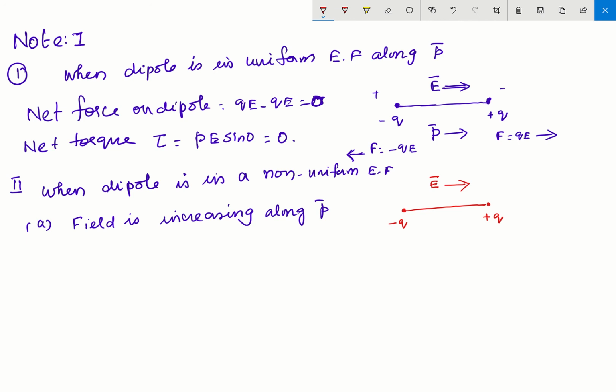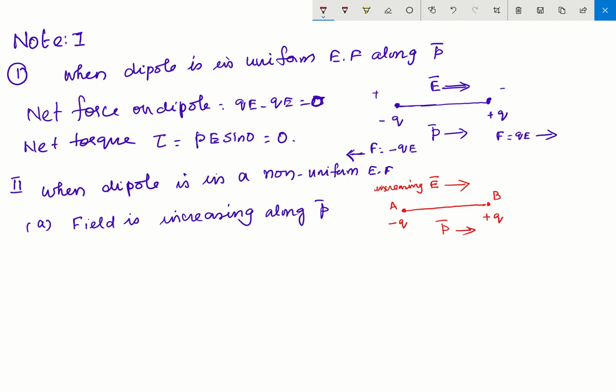Electric field is increasing in the direction of P. P direction will be in this direction, so E increases in this direction. As you go from A to B, the field is increasing, but the direction is along P only.